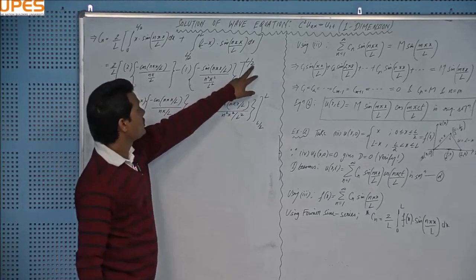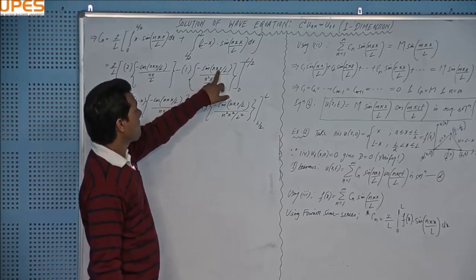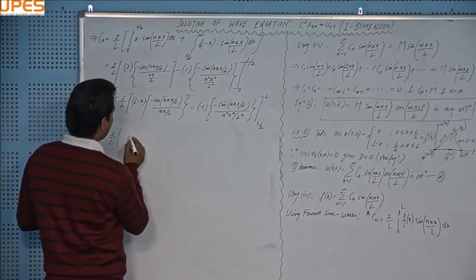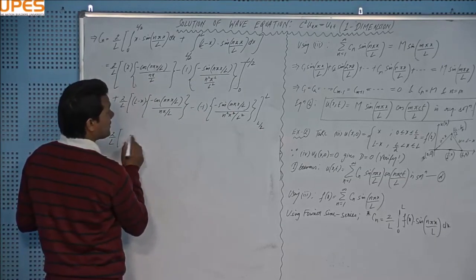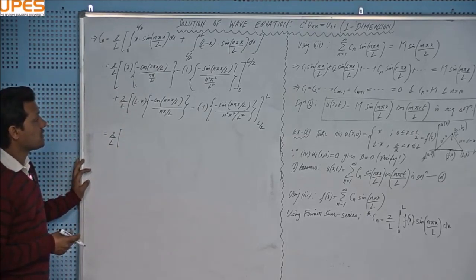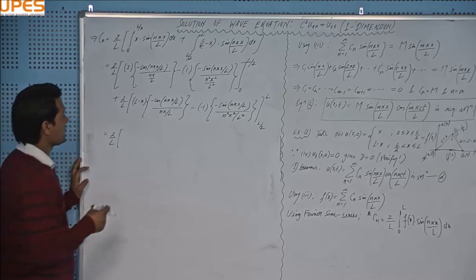And similarly putting L by 2 here, that will produce n pi by 2, sin n pi by 2, so it will become sin n pi by 2.